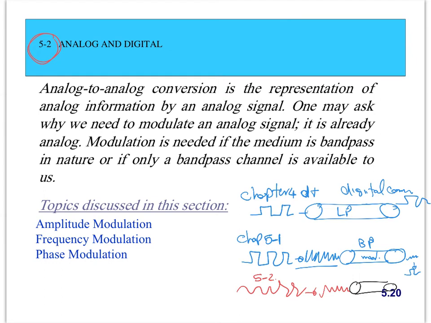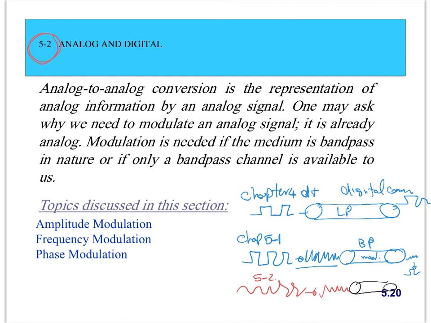So for the input signal, if it is a digital signal, we used to characterize it using bit rate and baud rate. We can do that, right? So bit rate, baud rate, all of these are valid. For analog signals, can we use bit rate?